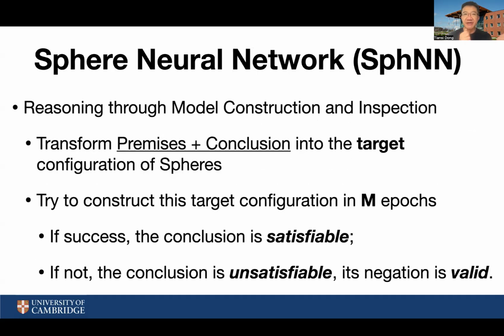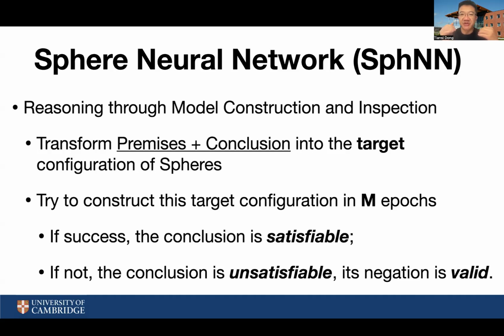The method behind it is that the network implements the method of reasoning through model construction and inspection. It means it explicitly constructs a semantic model in the embedding space.